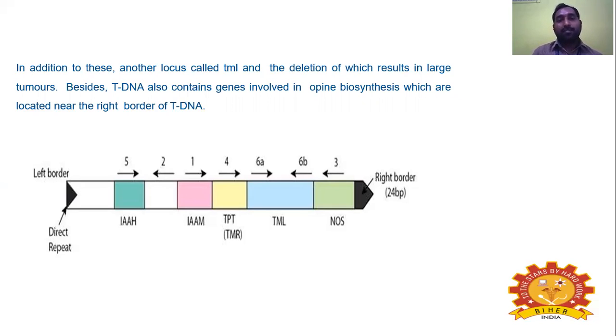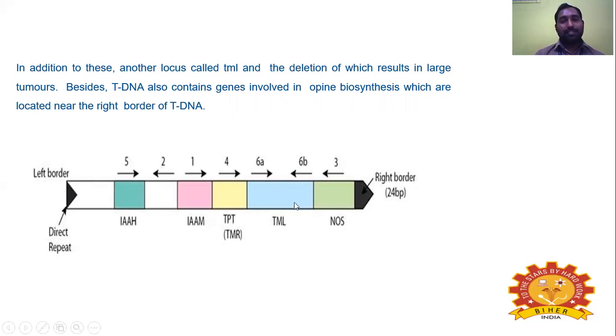Besides, this tDNA also contains genes involved in opine biosynthesis, which are located near the right border of tDNA. If you see the left border, here we have the direct repeats and the right border. We have the NOS and TML.